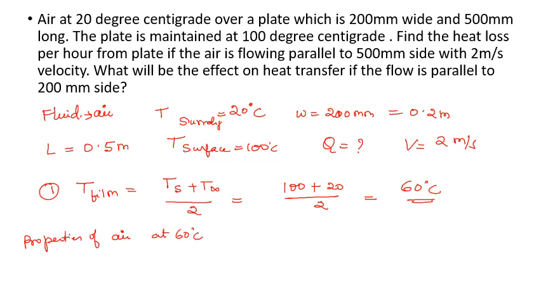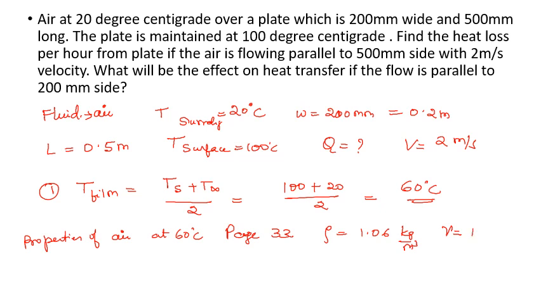That is available in the data handbook, page number 33, for air. If you refer to that, density is equal to 1.06 kg per meter cube.